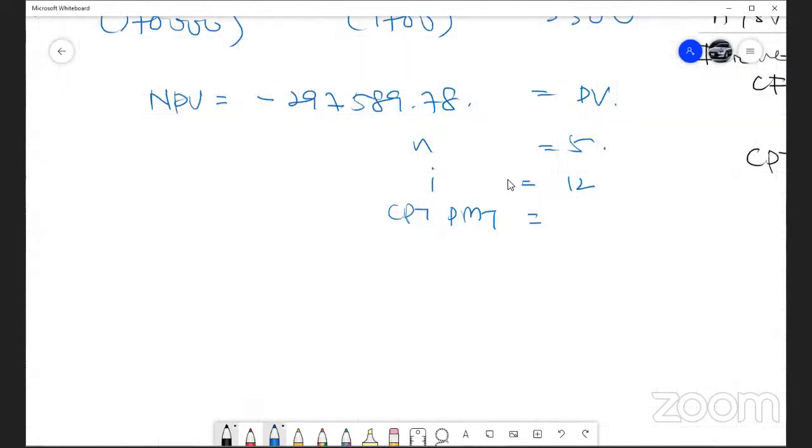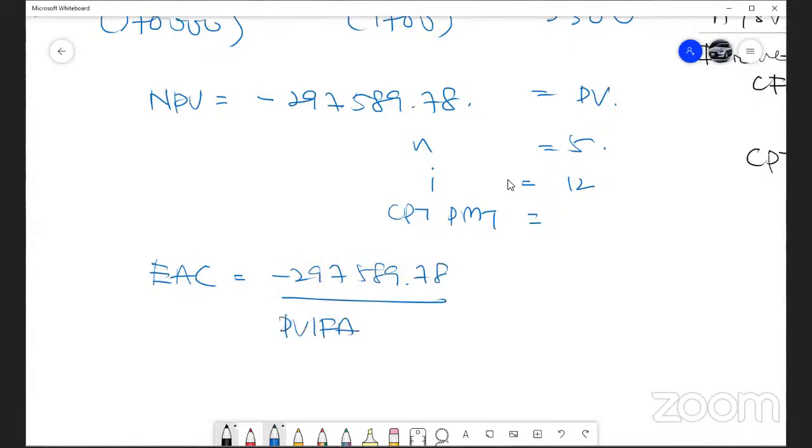For those who never use calculator, EAC equals negative 297,589.78 divided by PVIFA, 5 years period, and at 12%. You will get the same answer. You will get negative 82,554.